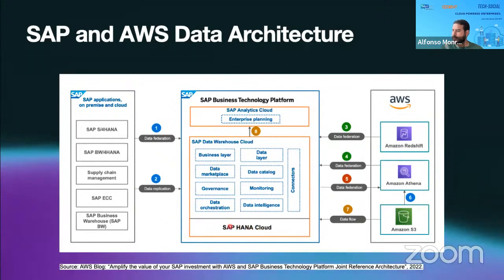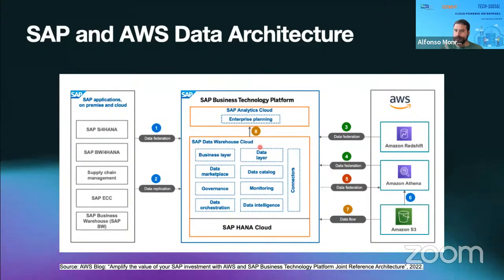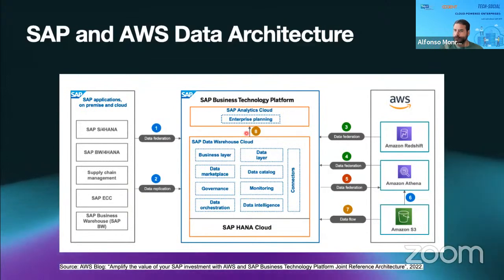Okay, so we have here the HANA Cloud, which is an in-memory database, as Setgar said, running on the cloud. And we can use the data warehouse cloud that is provided by BTP. And we can use, for example, the SAP Analytics Cloud, a reporting tool where we can see the information, the dashboards, the different reports, the different analyses, using BTP, AWS, and the SAP solutions.